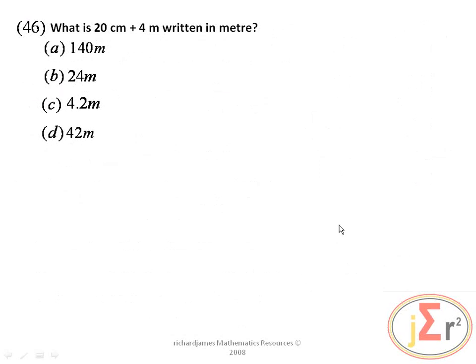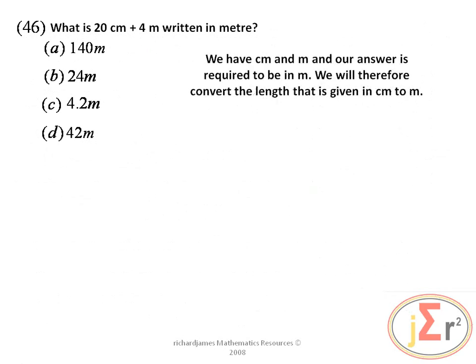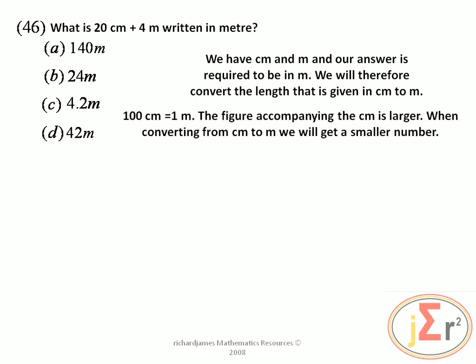What is 20 centimeters and 4 meters written in meters? We have centimeter and meter, and our answer is required to be in meter. We will therefore convert the length that is given in centimeter to meter. And what is the rate of conversion? 100 centimeter is equal to 1 meter.